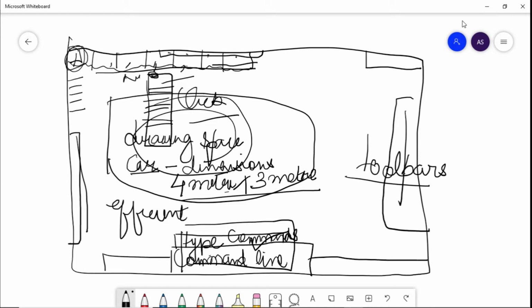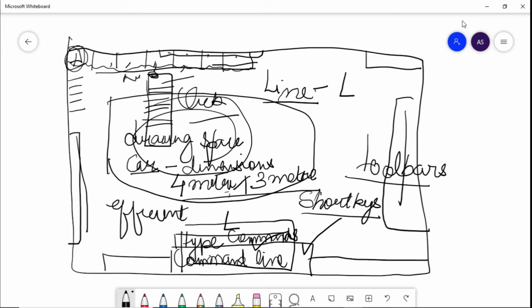And then you can always use the short keys to make the drawings. For example, there is a command called line. For this command, you can use a short key, capital L. Simply type L here, press enter, and then this command line will be active.